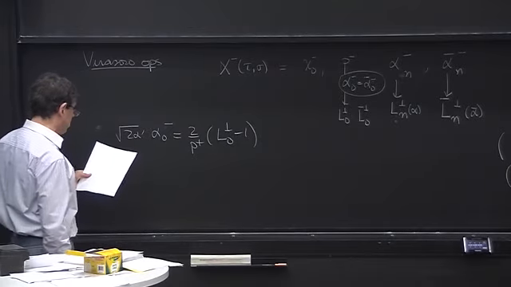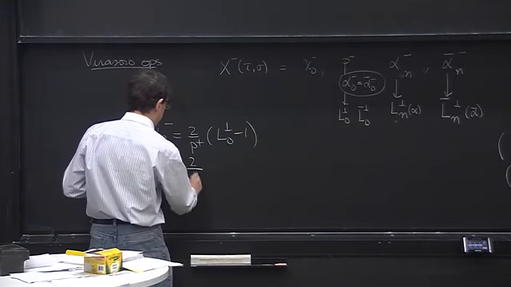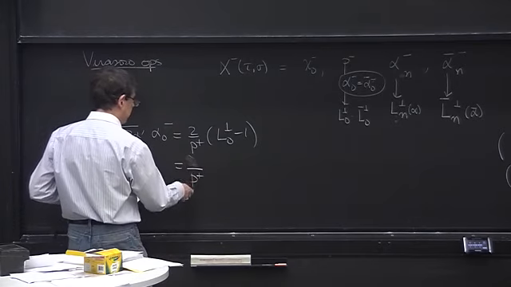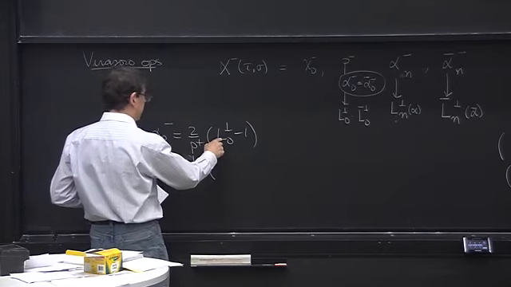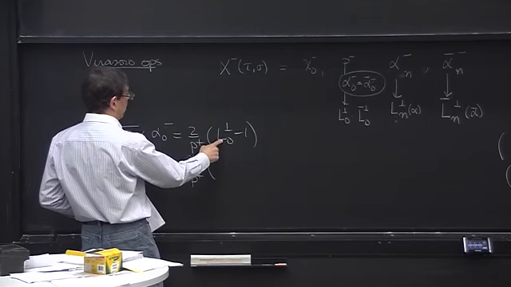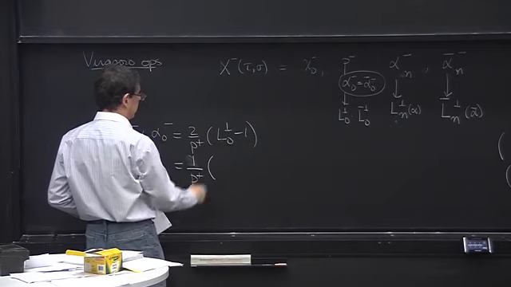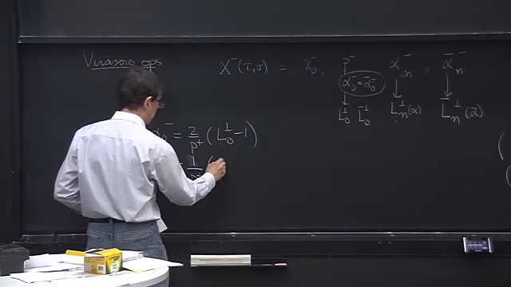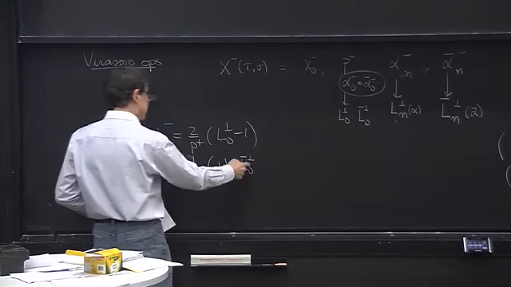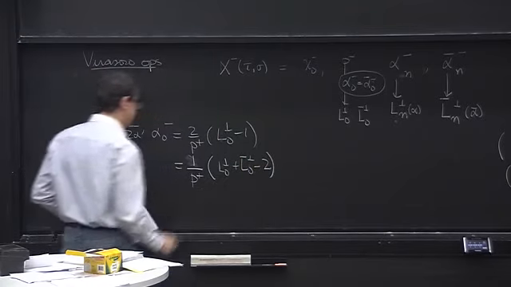So what people do is they say, well, take it like this, 1 over 2 p plus, I'm sorry, 1 over p plus, and put instead of L0 perp, put 1/2 of L0 perp plus L0 bar perp to make it symmetric, because they're equal. So you put L0 perp plus L0 bar perp. This gives you twice this, and the 2 is here, minus 2. So that's the same formula.